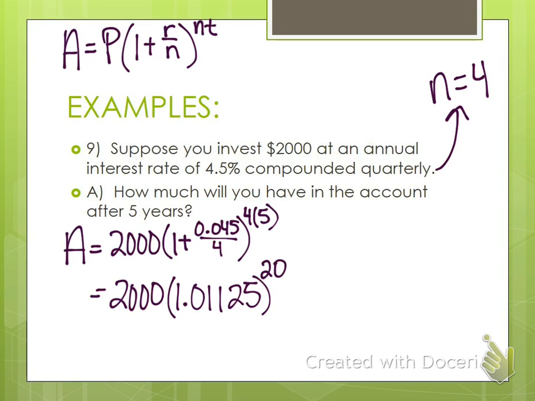The 20th power. So then this is going to be very similar to what we were just doing. Now, if you didn't have to use your calculator to take 4 times 5, and you still have the 1.01125 on your screen, you can go ahead and press that caret button and then type in your exponent of 20. So right now, my screen on my calculator looks like answer caret 20, and then I press enter.